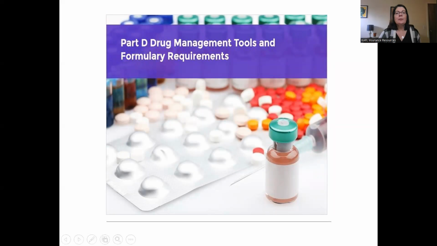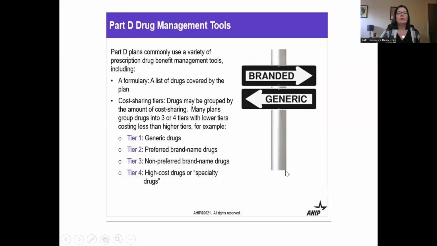So drug management tools and formulary requirements. Usually there's a variety of benefit management tools. One is a formulary. And again, each company is going to have their own formulary. And it's something that we do to help them determine what their best options are.